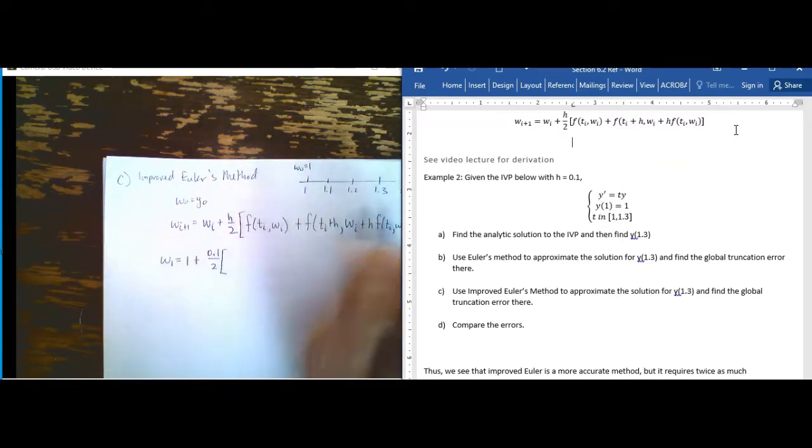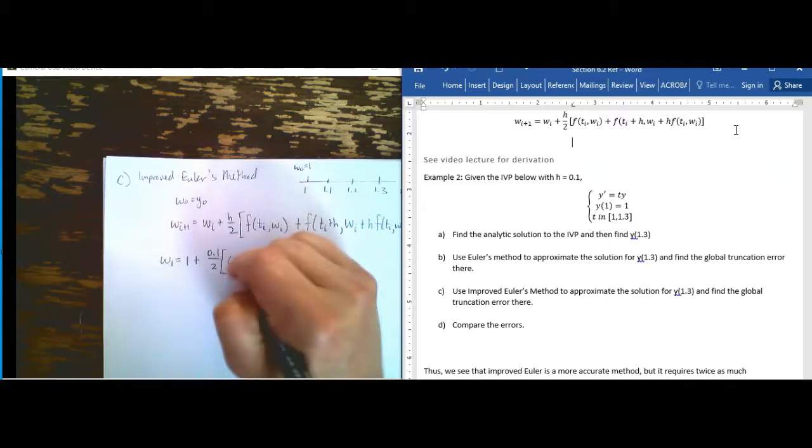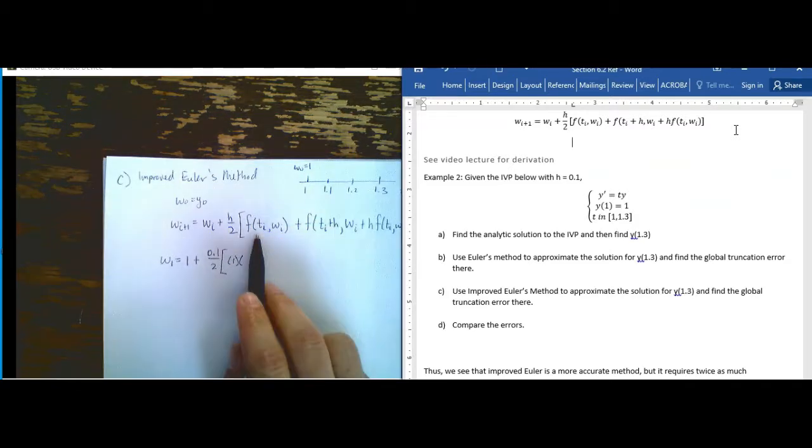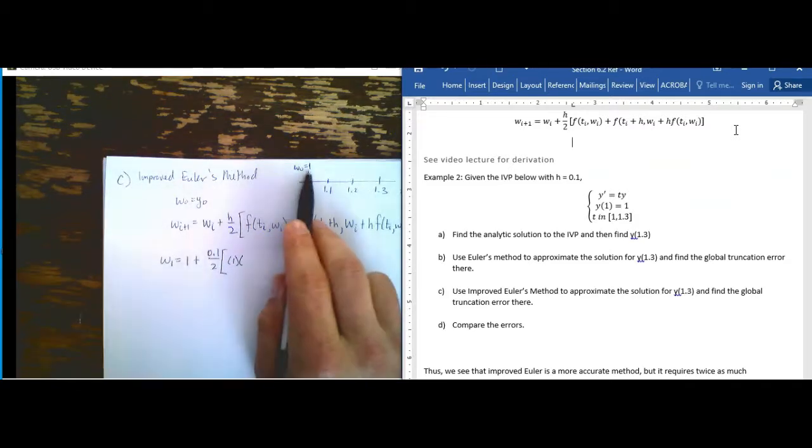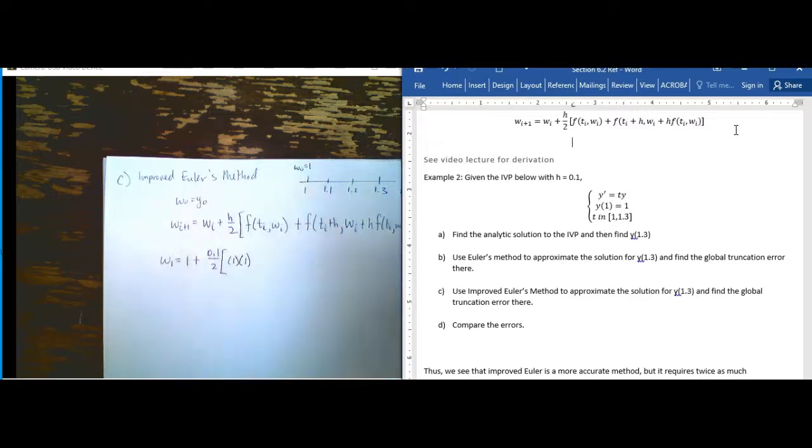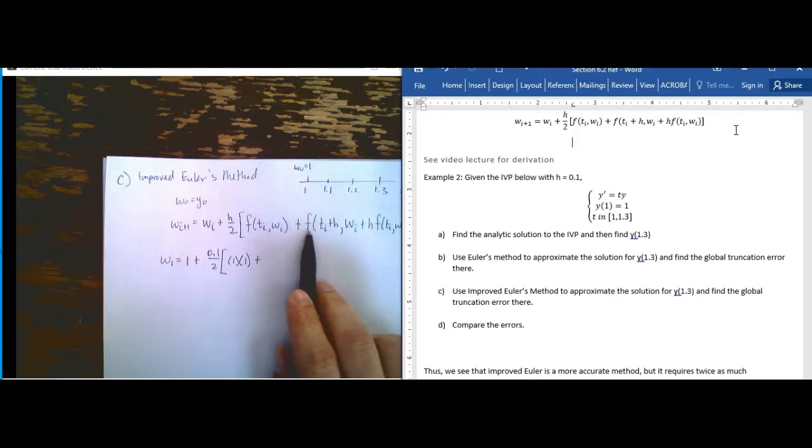So what's t0? That would be 1 times w0, which is 1 as well, plus f of t0 plus h.